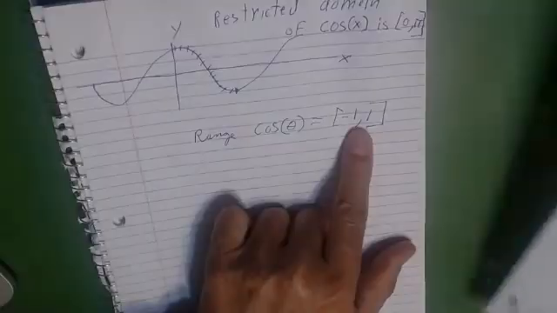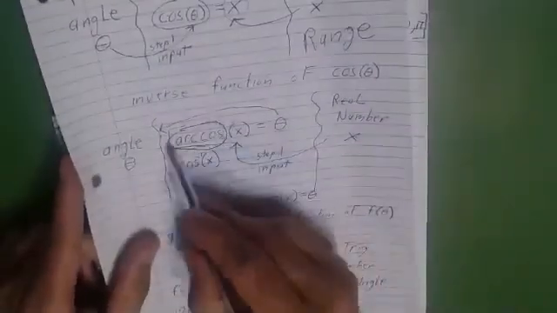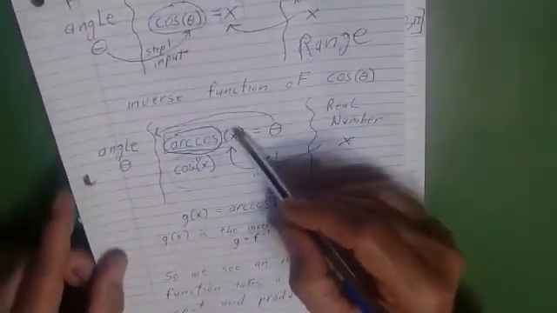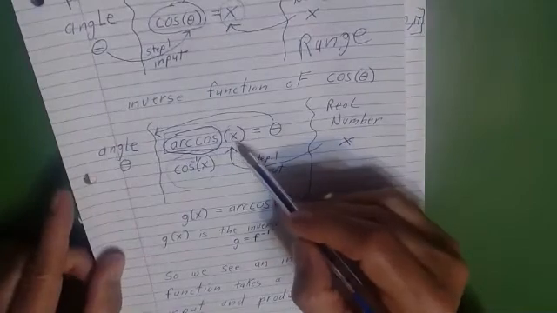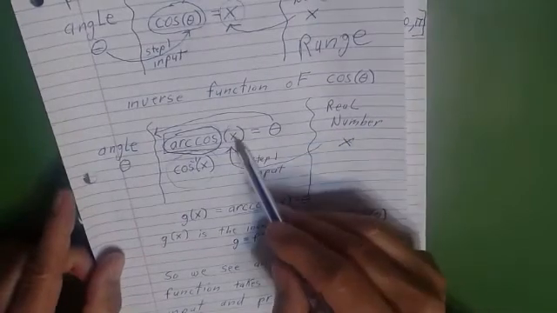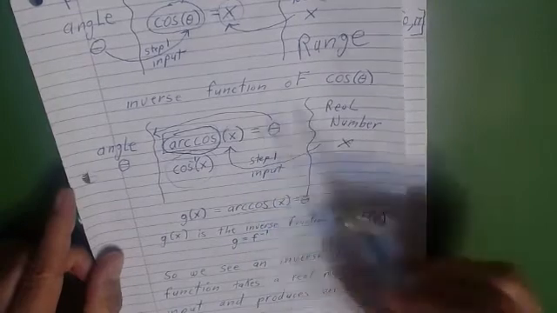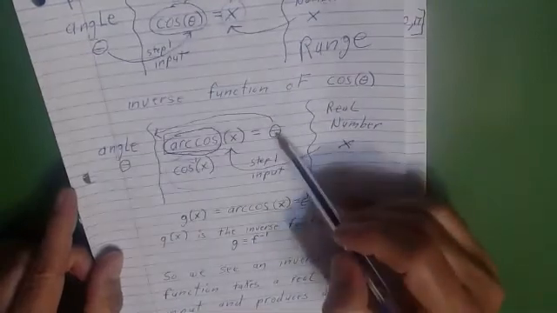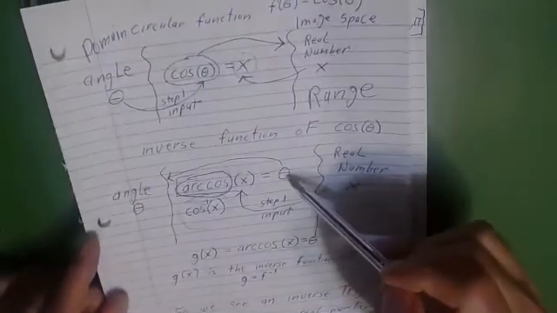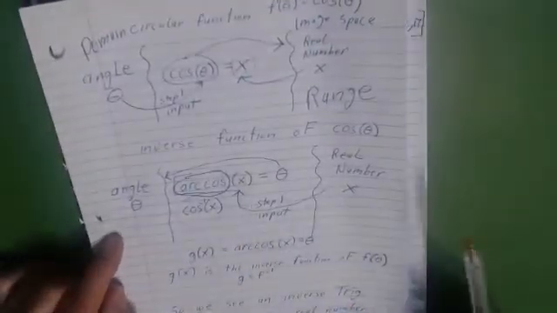So if we input something from this range into the arc cosine, we're going to plug a value in here for x. It's between -1 and +1, and it's going to give us the angle theta that belongs to that. And once we have that, we would see the same thing in the opposite direction. We take that angle and we take the cosine of it, and we'll get x, which was this input value here.